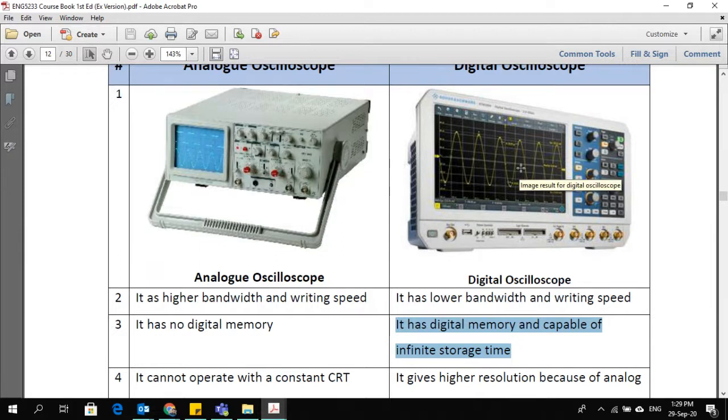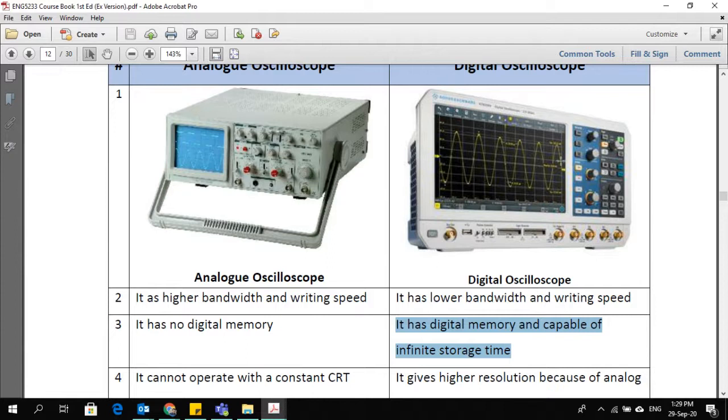is being displayed on the screen, and at the same time, for example, you are testing a circuit and you are changing some parameters in the circuit, and at the same time you want to see how the waveform changes on the oscilloscope. So the digital oscilloscope can do the screen recording because it has memory.